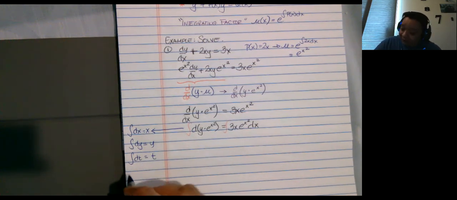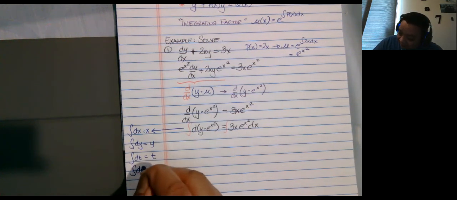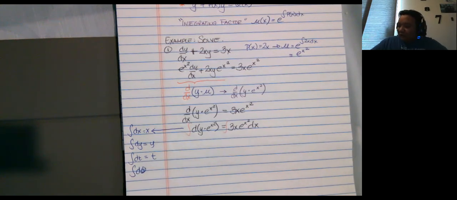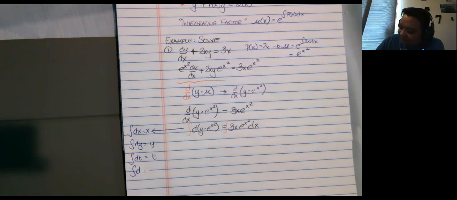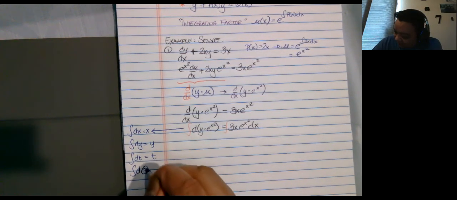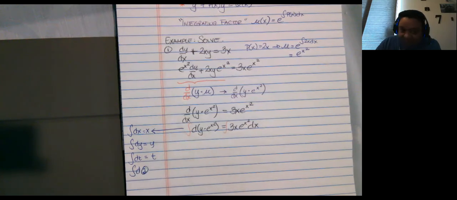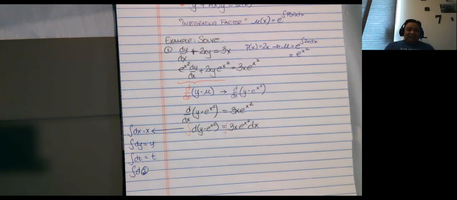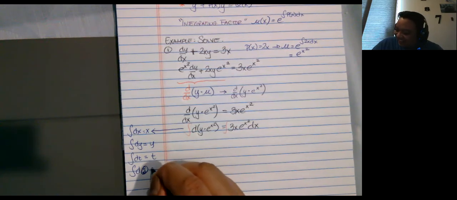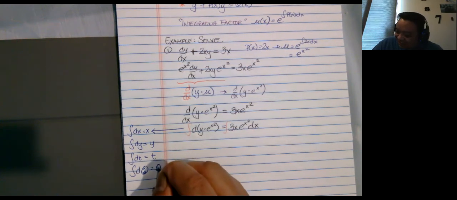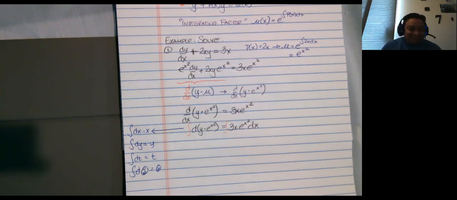And just to prove a point, it looks weird. What's the integral of that? Smiley face, yes. It looks weird, but it would have been clearer on the whiteboard.